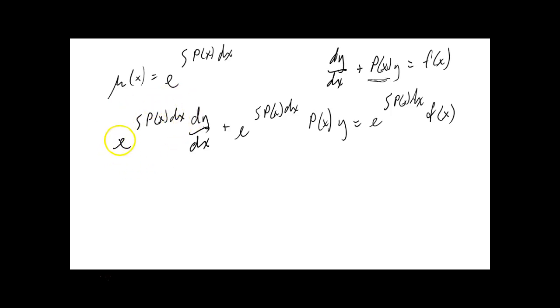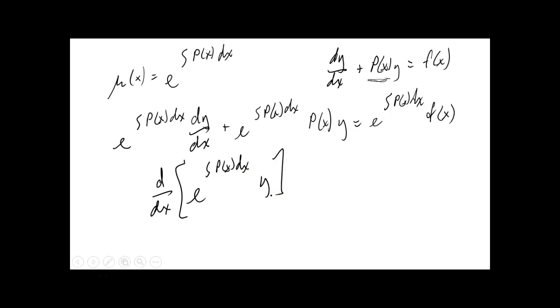Because the derivative of that is e to the integral, same thing, times the derivative of the exponent, and the derivative of an integral is p of x. So sure enough, this has become the derivative, d by dx, of the product of e to the integral p of x dx times y.